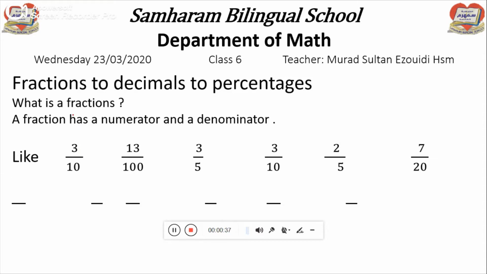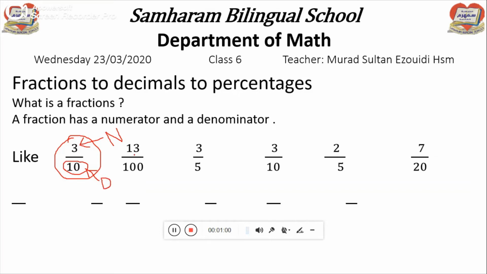For example, we can say that this is a fraction. Why, my kids? Because this is the numerator, and this one is the denominator. So a fraction, as you already know, has a numerator and a denominator.